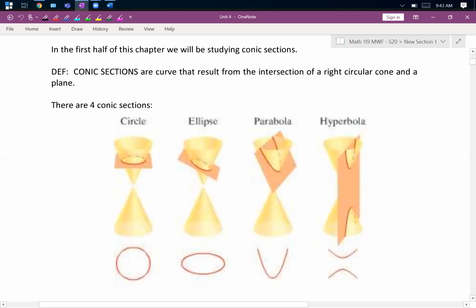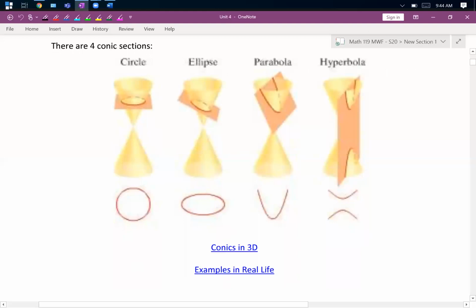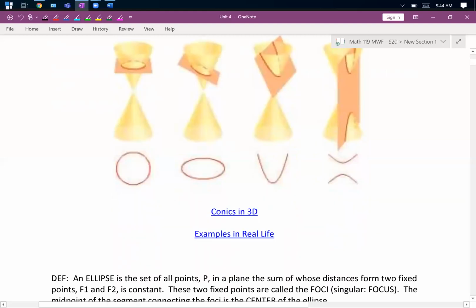That gives us a parabola. And then a hyperbola occurs when our plane intersects this right circular cone perpendicular to the base of the cone, and it looks like a double parabola.